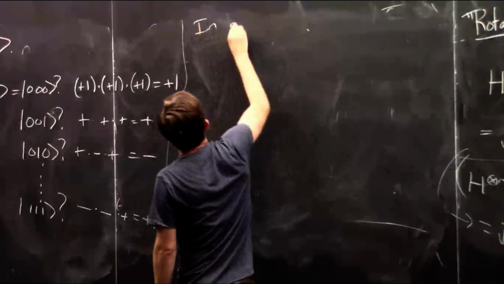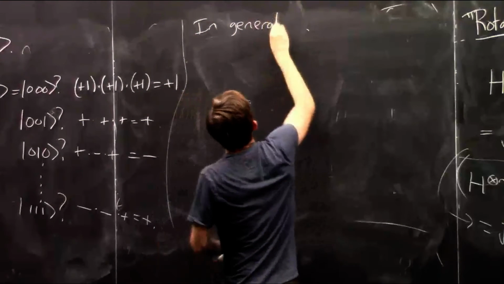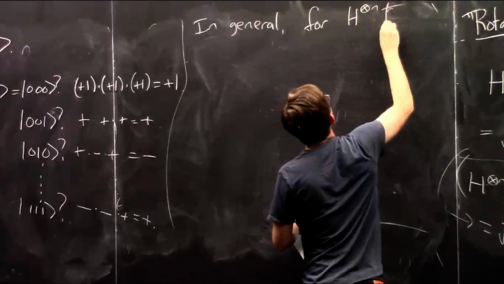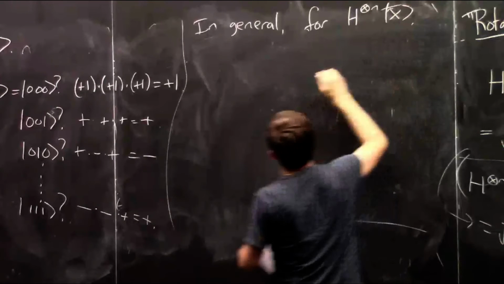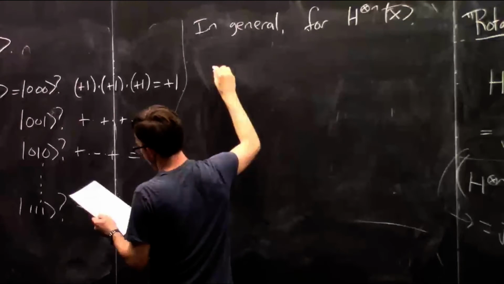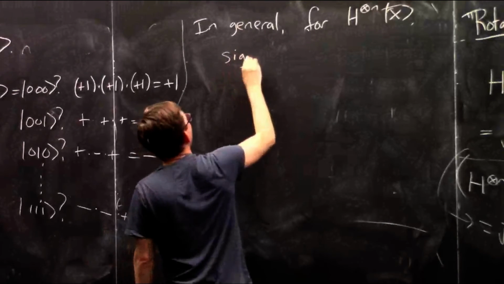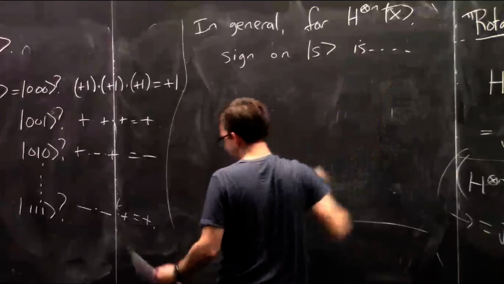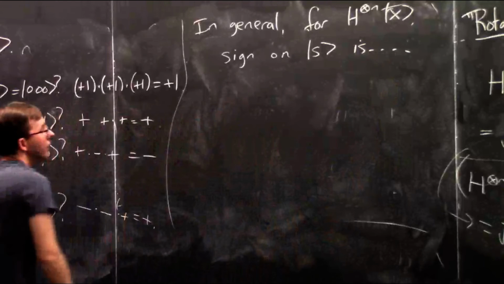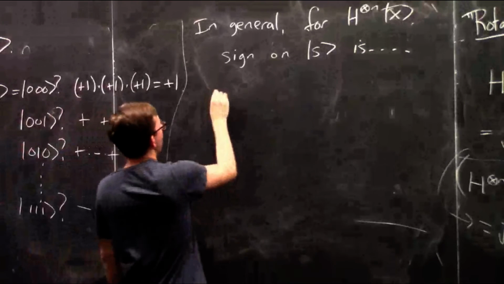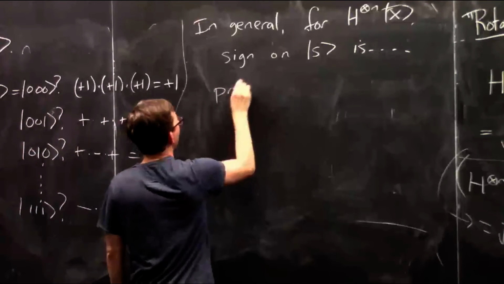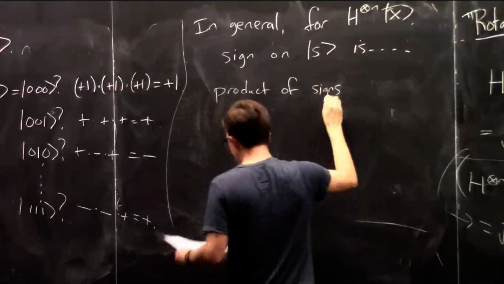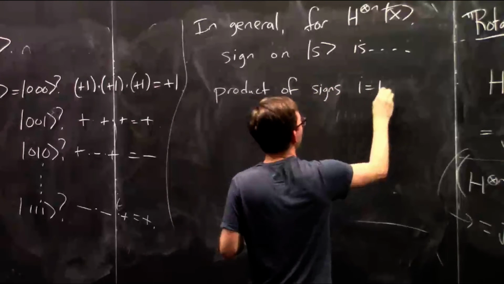So in general, for H tensor n applied to a string x, what is the sign on S going to be? Well, it's some kind of product of signs, right? It's the product of some signs for i going from 1 up to n.